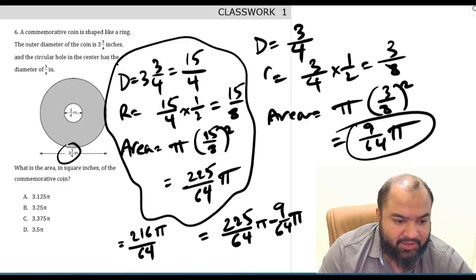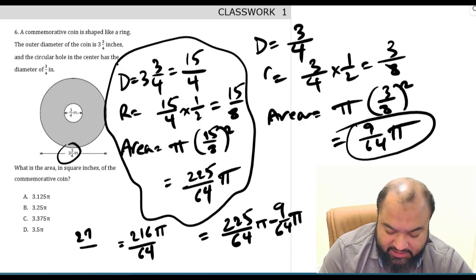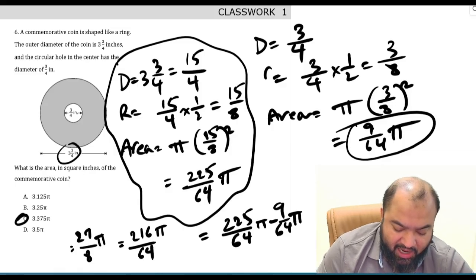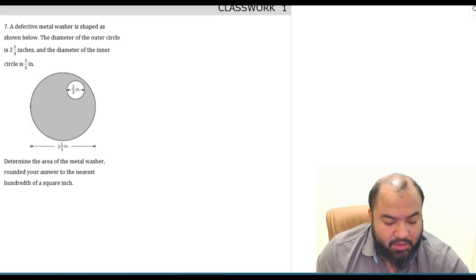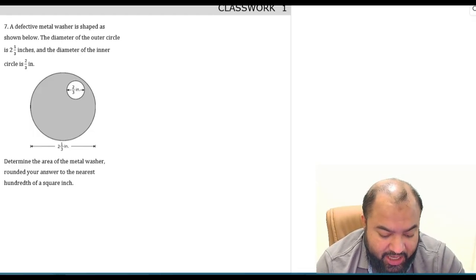If you simplify that, you can simplify by 8. 27/8 pi. Okay, well, 27/8, 8 goes into 27 about 3 times. It's like 3.375 pi.